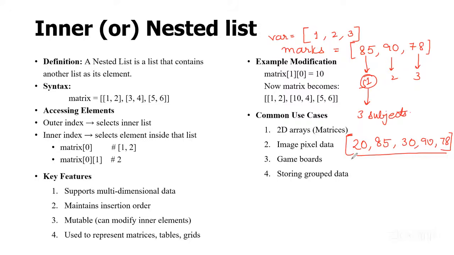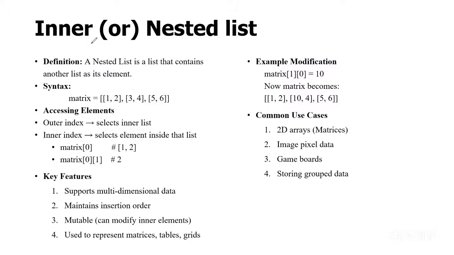So that is where nested lists will come into the picture. So what is a nested list? A nested list or inner list is nothing but a list inside of another list. What it means is, one of the elements of a list is itself another list.